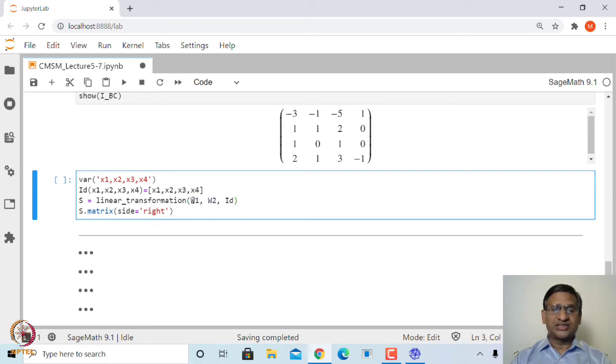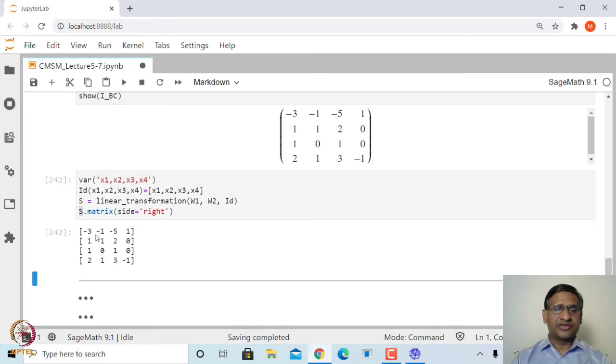You could have declared this from V to V, and then restricted S to the domain, with bases B and C on domain and codomain. Now let us find the matrix of S with respect to these two bases, and this is this, and you can see that this IBC is the same as the matrix of the identity on V with respect to bases B and C. So that is what we have proved.